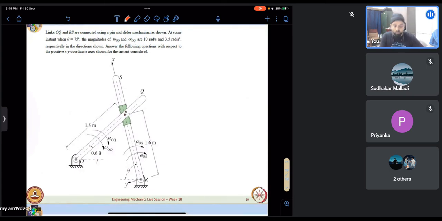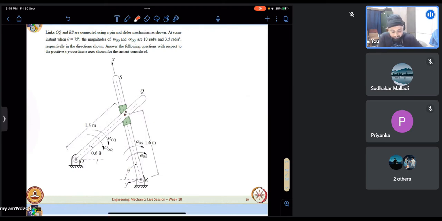So, we have two links. One has a pin which goes over a slider which is sliding over the other link. So, we have link OQ and link RS. OQ and RS are connected using a pin and slider mechanism as shown. At some instant when theta equal to 75, this is theta, this is 75.